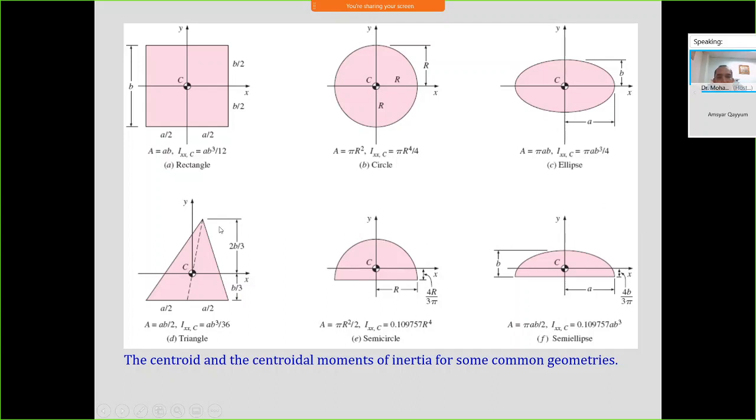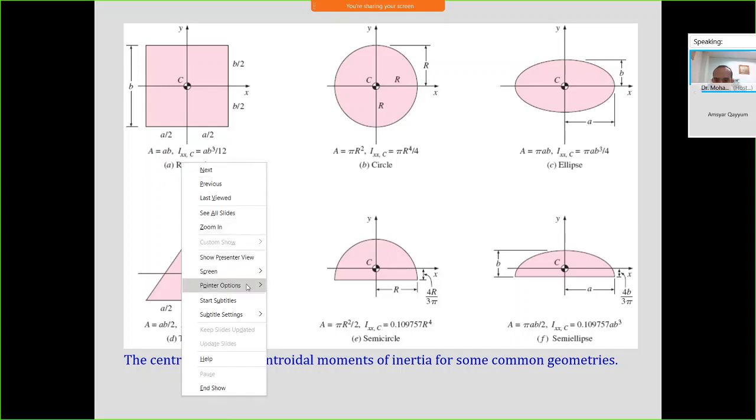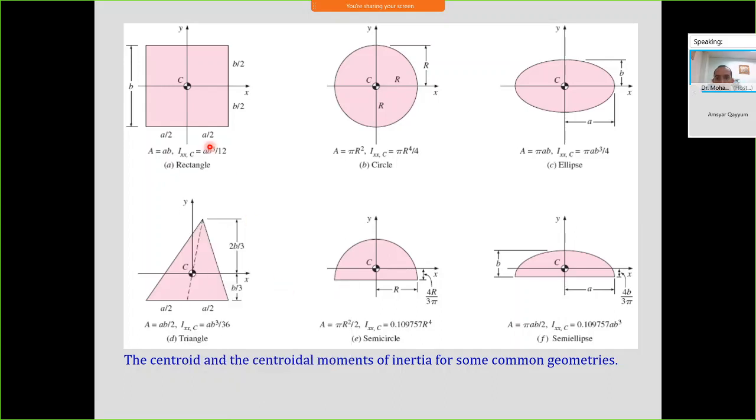For a rectangle, the area is A times B. I'm sure you still remember it, you learned it from year 5, year 4 or something. For a circle, the area is πr² or πd²/4. I'm sure you also remember it. And for I, I think I change the pointer to the laser pointer.